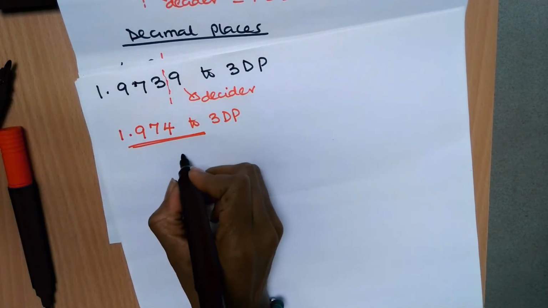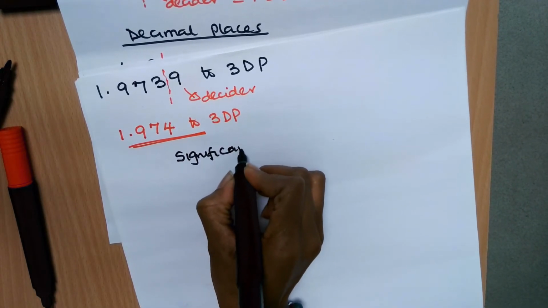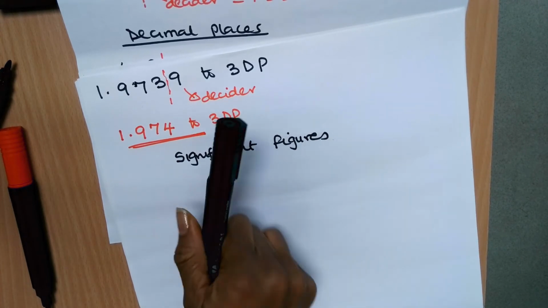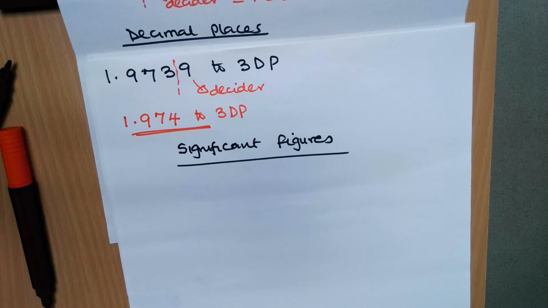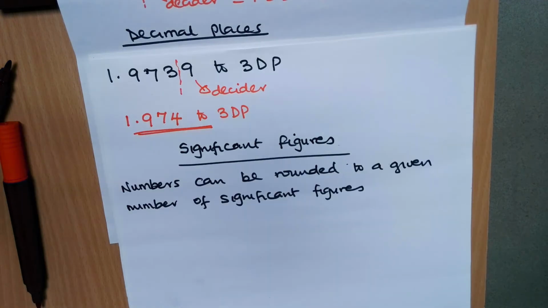Now let's move to another topic, which is significant figures. Significant figures are very different from decimal places and rounding to the nearest 10, to the nearest 100, and to the nearest 1000.